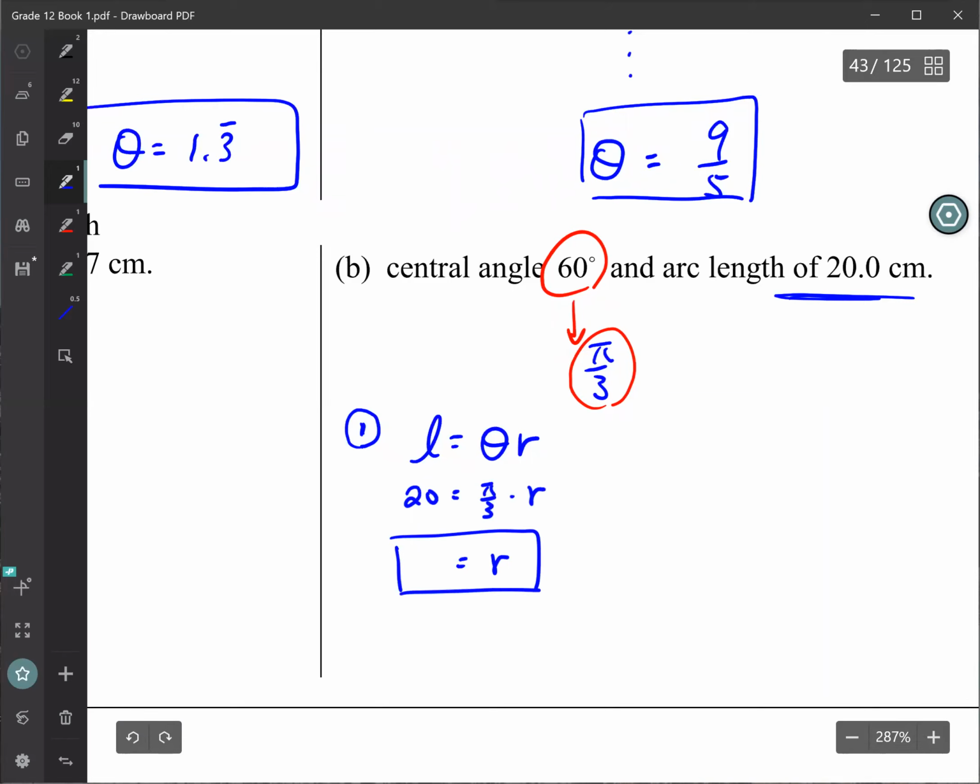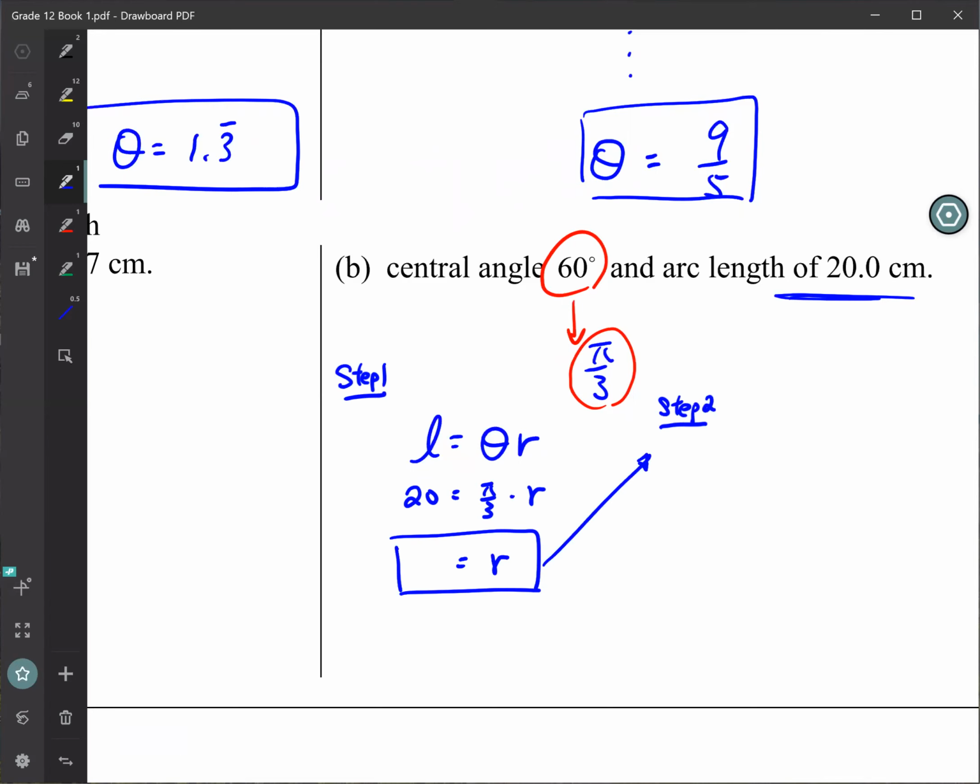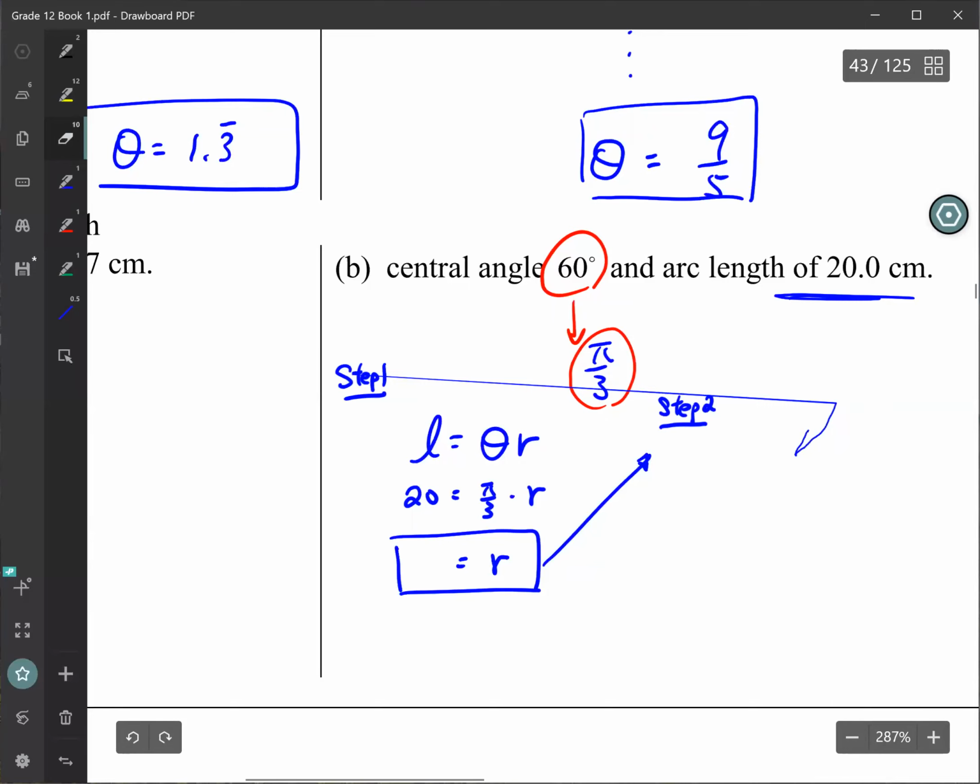Once you find the radius, you continue to do step 2, right? Let's write down step 1, step 2. Then once you have the radius, you could use any formula, because you have more than you need.